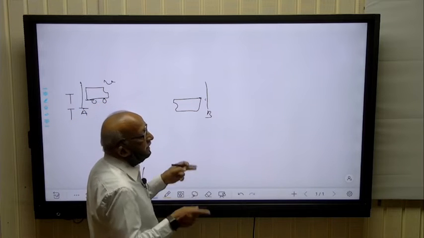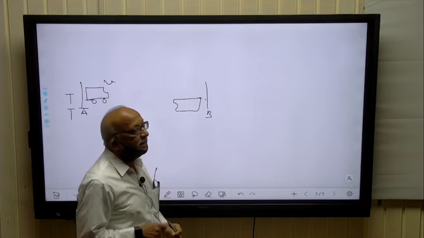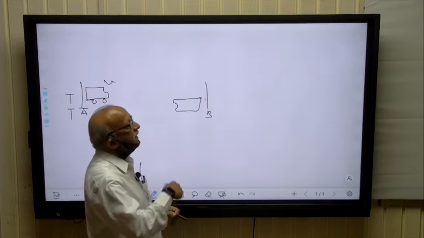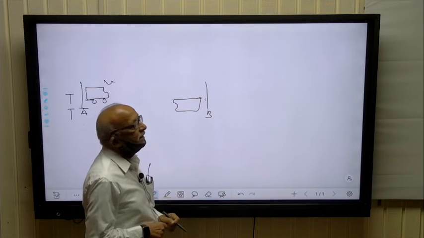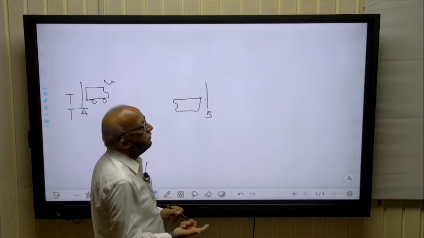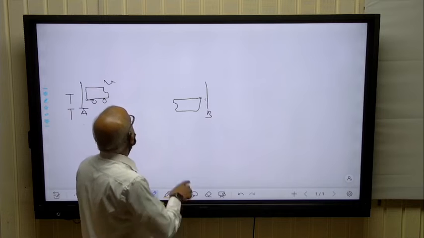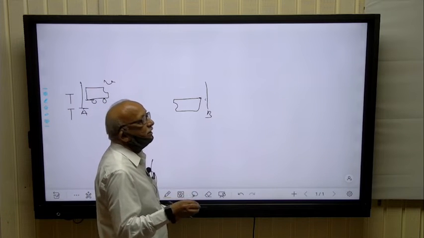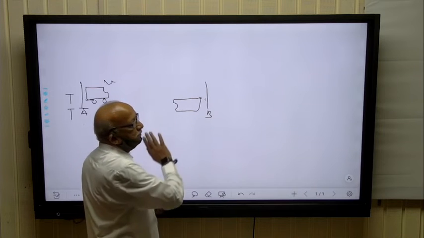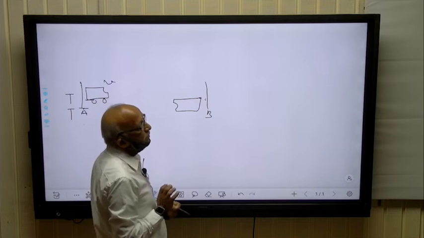But in simple harmonic motion, it is mandatory that when the particle moves, it is acted upon by a force continuously, and if a force is working, it clearly indicates that velocity may not remain constant. Therefore, this is periodic but not simple harmonic.